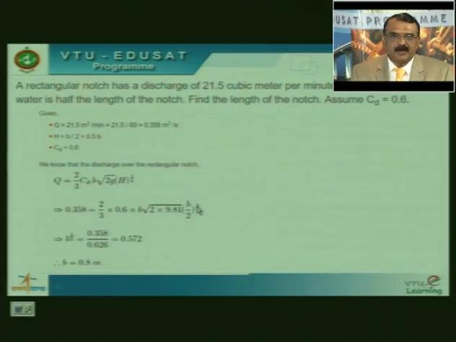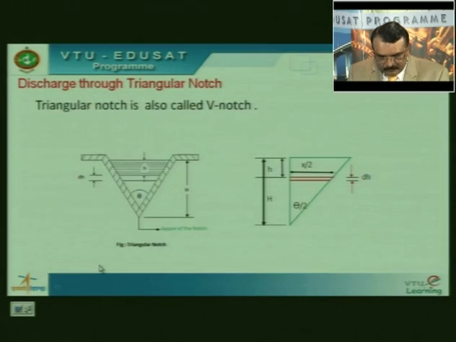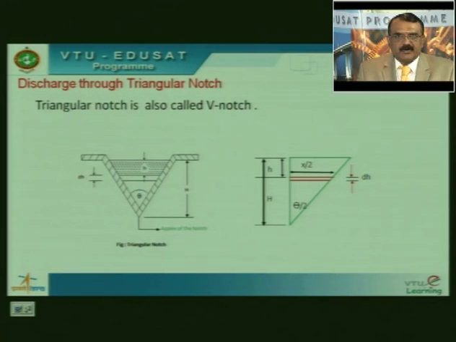So, L by 2 raised to 3/2. If you simplify this, there is only one unknown, B or L. You are going to get the value of L is equal to 0.8 meter. That's about the rectangular notch.